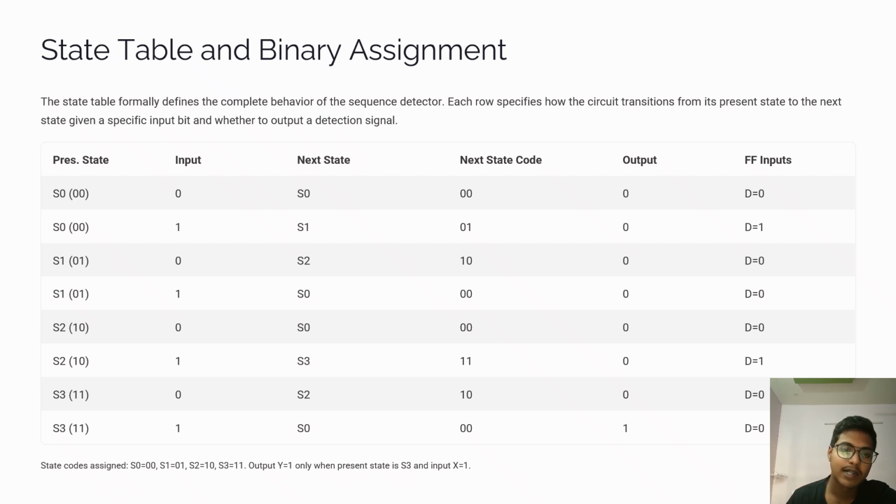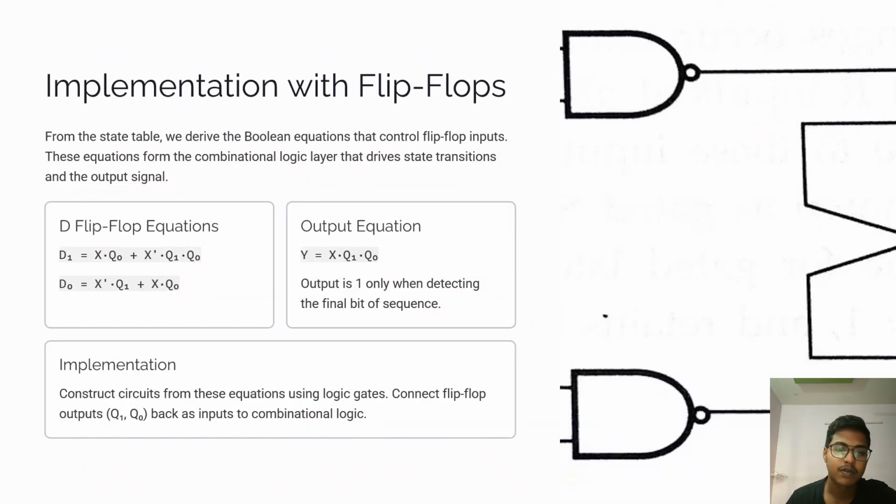Next slide: implementation using flip-flops. We select D flip-flops. The input to each flip-flop is equal to the next state bit derived from the state equations.